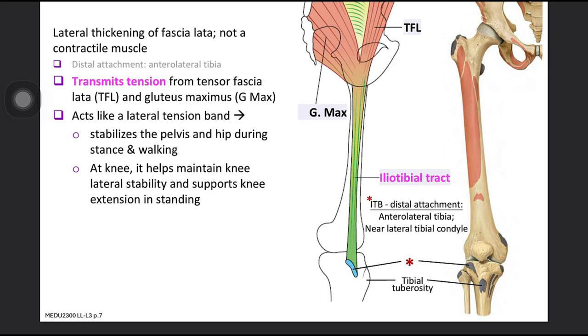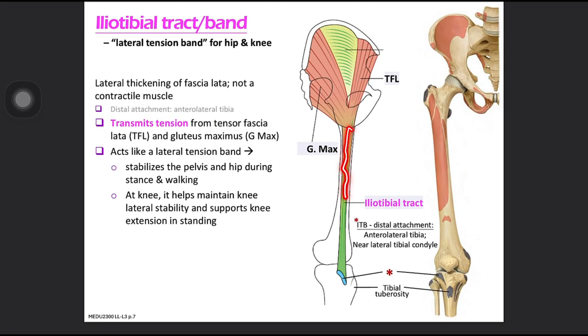So functionally, the iliotibial tract transmits tension. This is a key word here. It transmits tension from the tensor fascia lata as well as the gluteus maximus. So think about it.